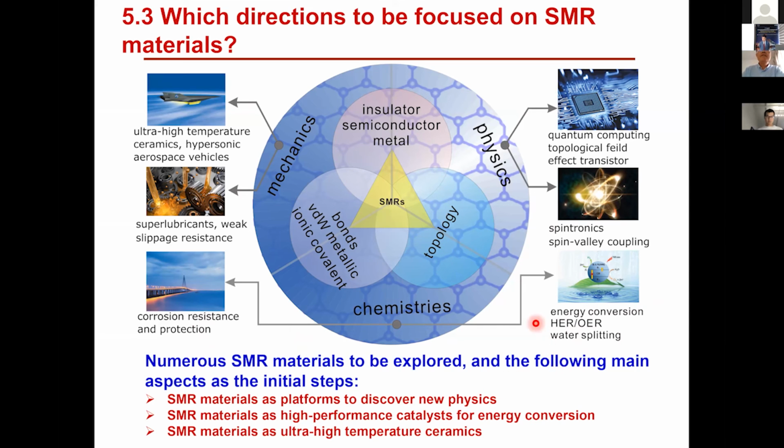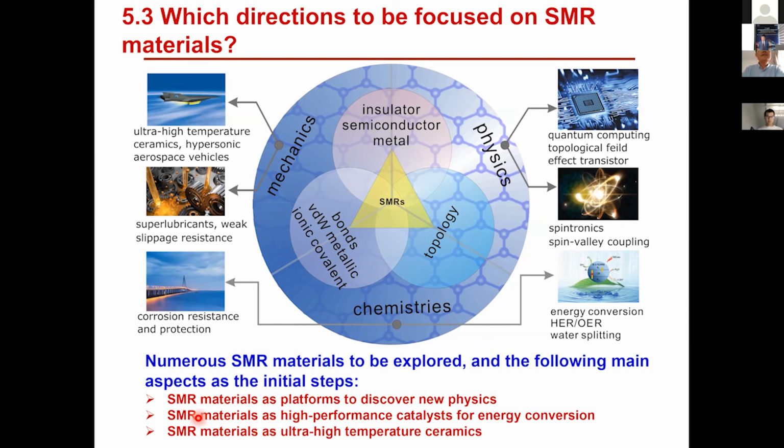And the following main aspects may be our initial steps. The first is that six-member ring materials can be very nice platforms to discover new physics, as I already showed you. Although I'm not an expert in those fields, we can find many topological, ferromagnetic, and other unique physical properties in six-member ring materials.